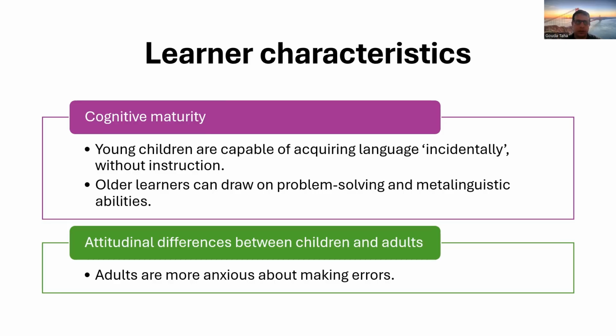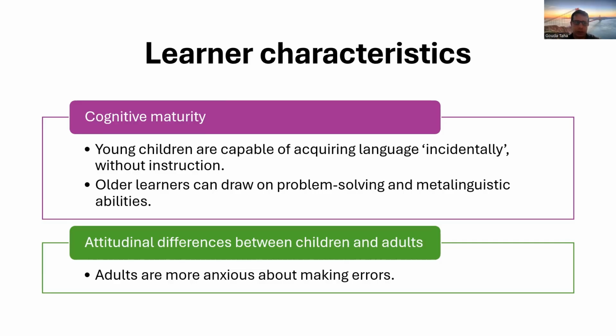One of the things that we might highlight here is the idea of anxiety. Adults, when they are learning a second language, are more anxious about making errors because a lot of psychological factors are involved when it comes to practicing this language, which doesn't exist in the child language learning process.